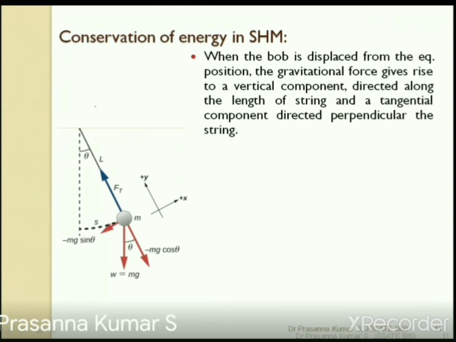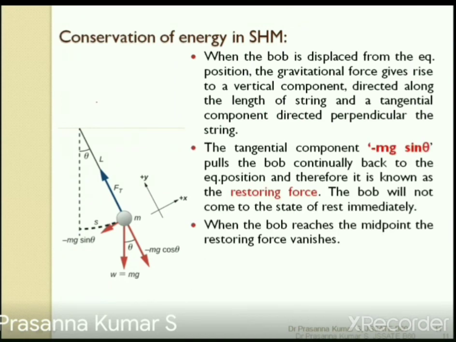So now, we already explained the conservation of energy. When the bob is displaced from the equilibrium position, the gravitational force gives rise to a vertical component, and the horizontal component represents the restoring force, which is mg sin theta if you do the trigonometry. When the bob reaches the midpoint, the restoring force vanishes, isn't it?